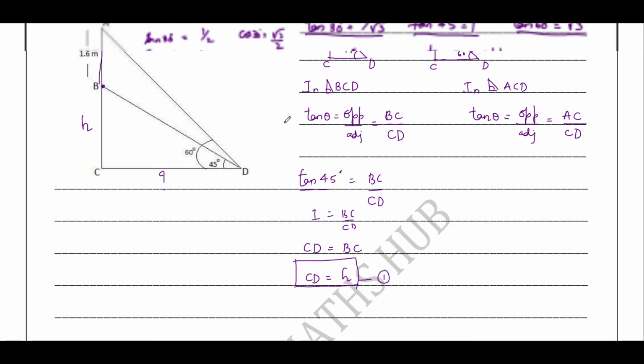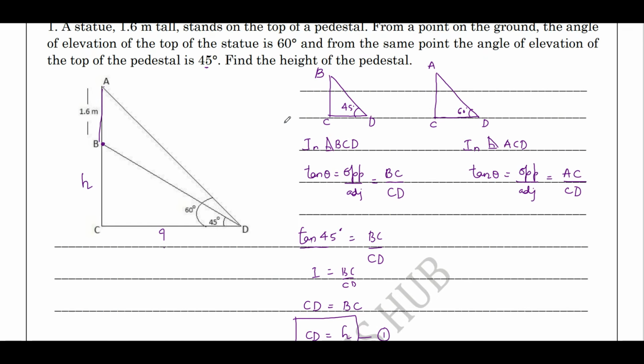Now in the same way apply tan ratio. We have already applied. Angle is 60 degree. Tan 60 equals, what is AC? AC is AB plus H, right? See here, AC equals AB plus BC.